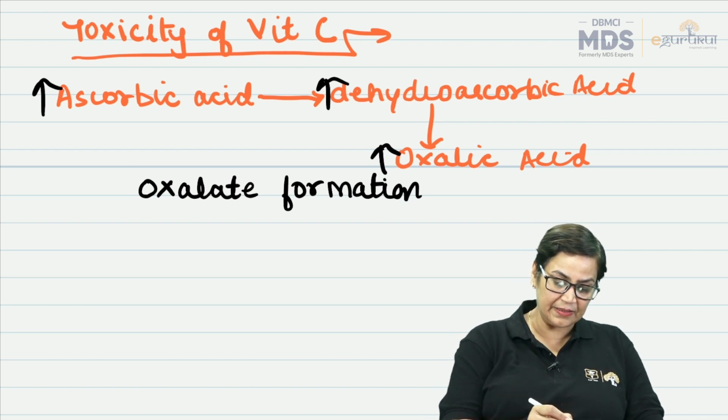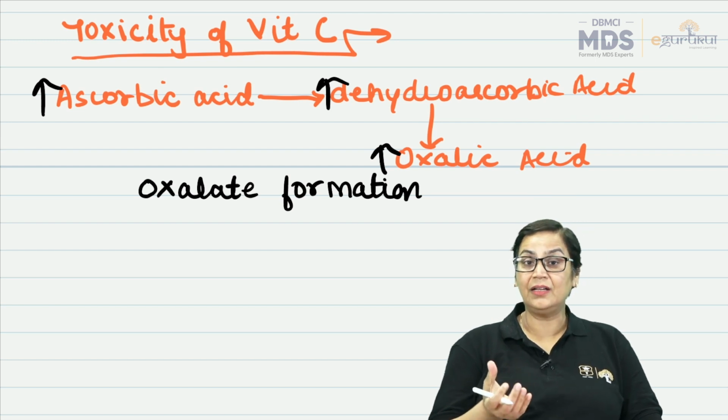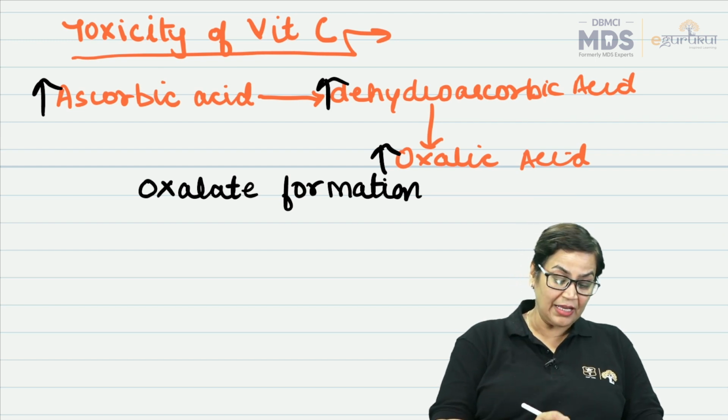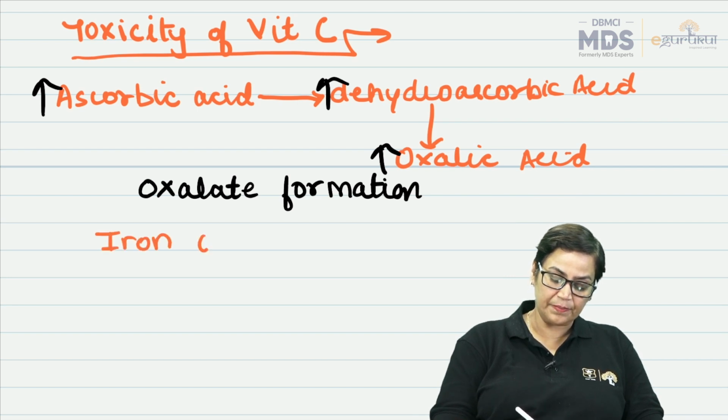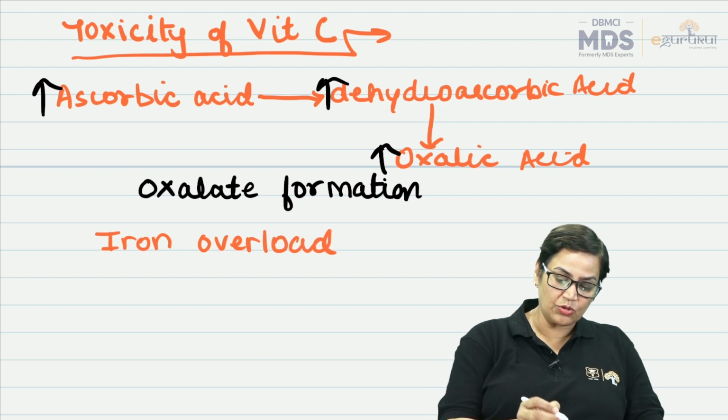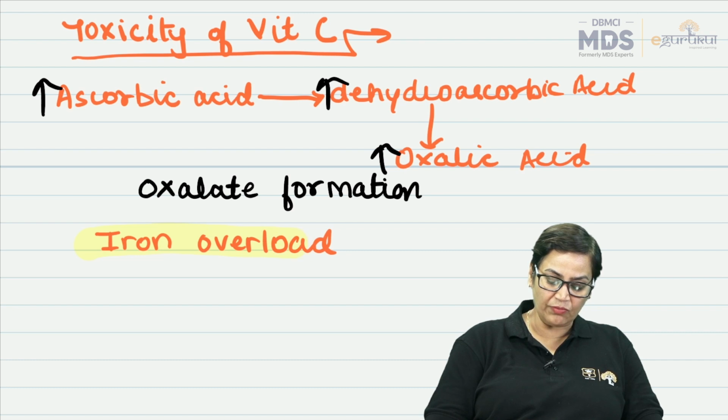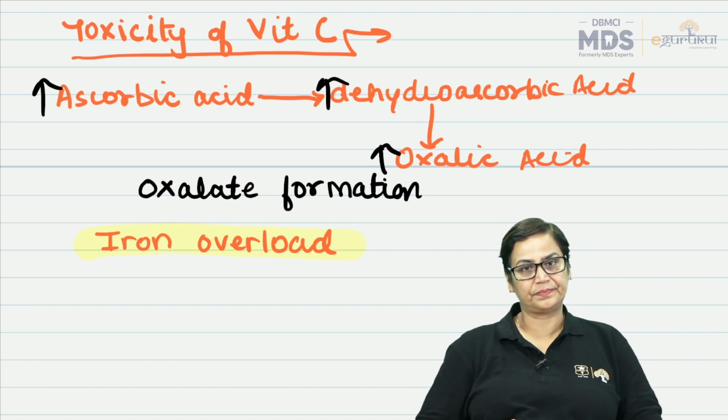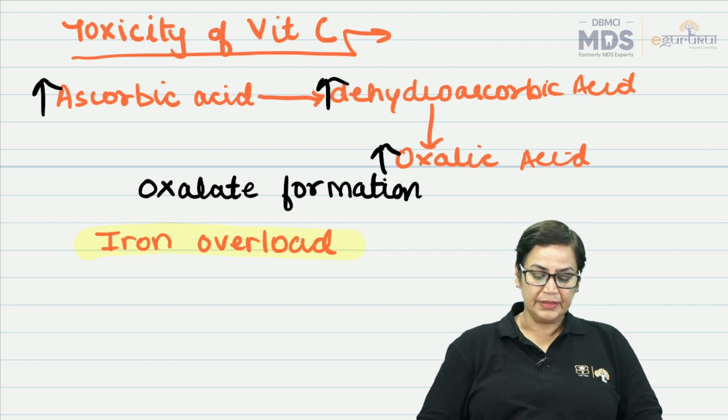Then second is, because it helps in the absorption of iron, iron overload will be there. This will also be one of the important features of vitamin C toxicity, right?